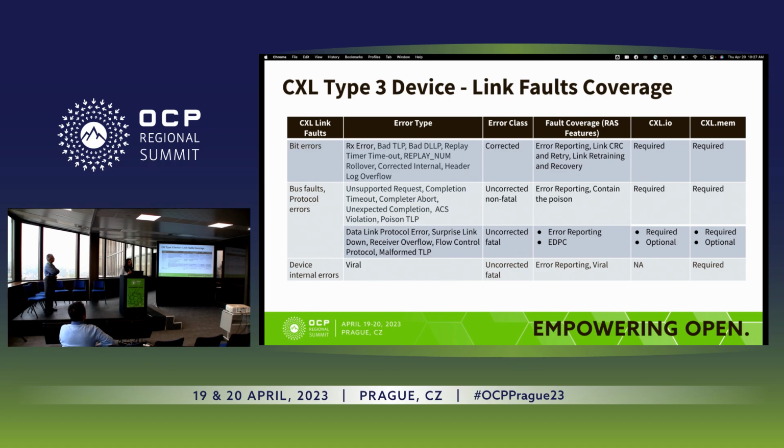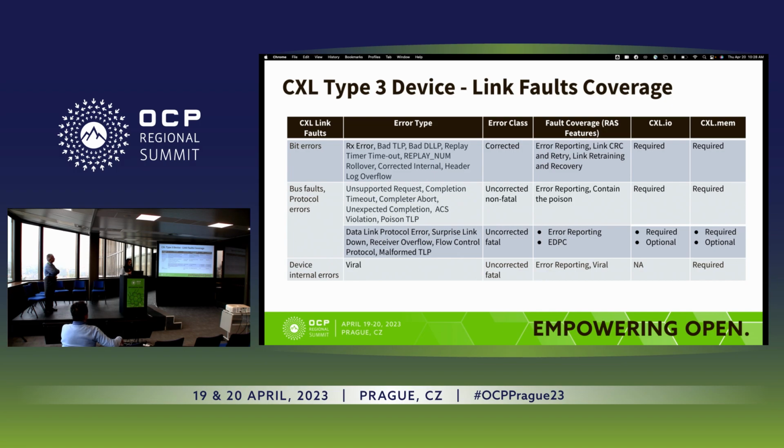Now let's take a look at the link fault coverage. The first row identifies the bit error. These bit errors are very well defined in the PCI spec. The fault coverage for bit errors is as correctable errors. You can use link CRC, retries, link retraining, or recovery mechanisms to correct this error, along with error reporting.